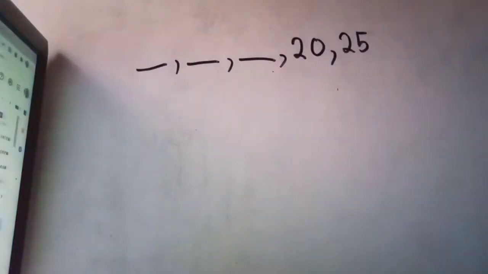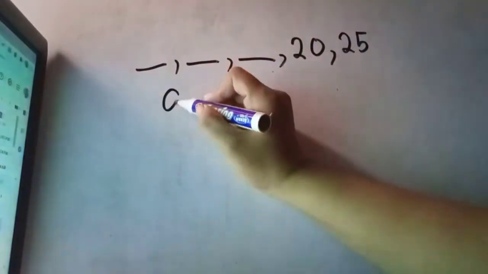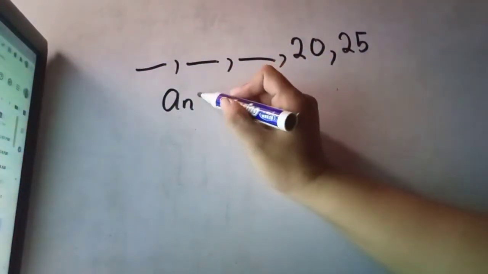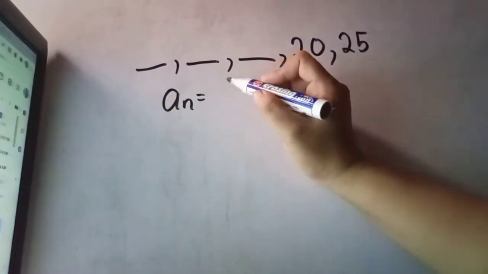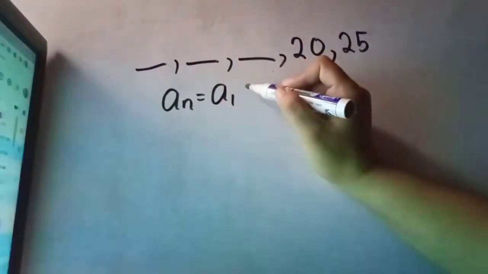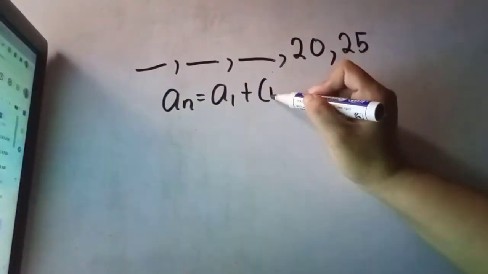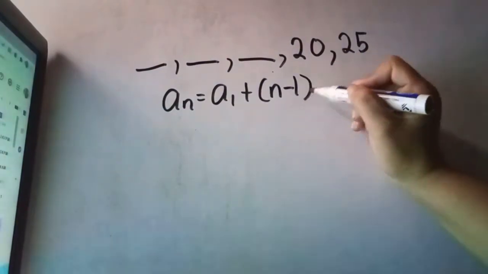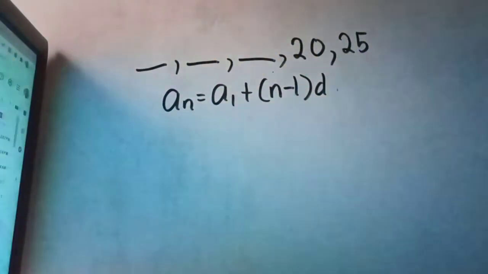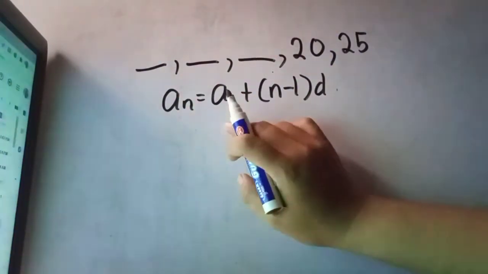Okay, so, using our formula, a sub n is equal to a sub 1 plus n minus 1 multiplied by d. So, hindi natin alam yung first term.